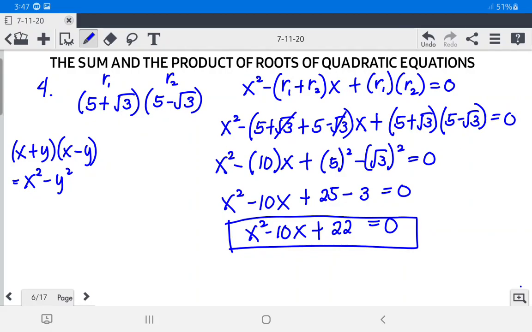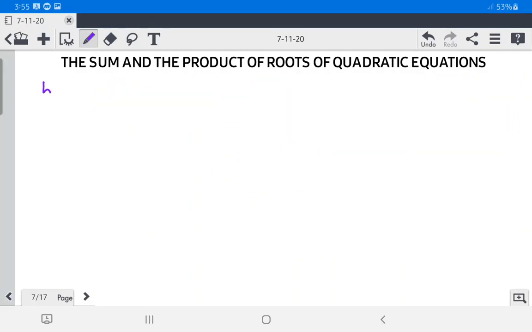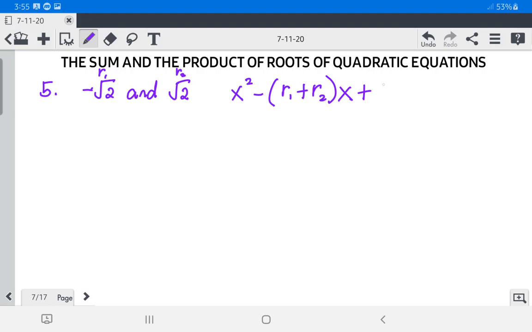Number 5, let's say we have negative square root of 2 and square root of 2. So this is the first root, this is the second root. Now using the formula, x squared minus r sub 1 plus r sub 2 x plus r sub 1 times r sub 2 equals 0.